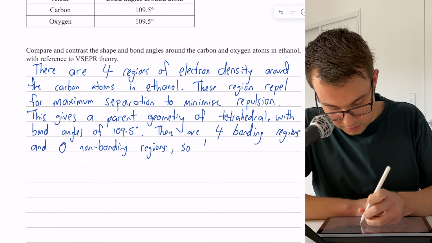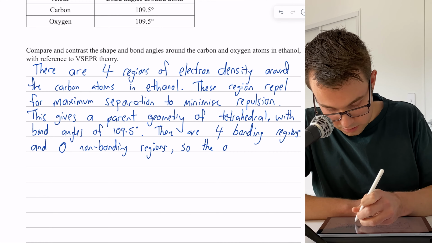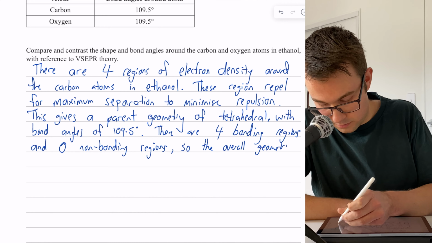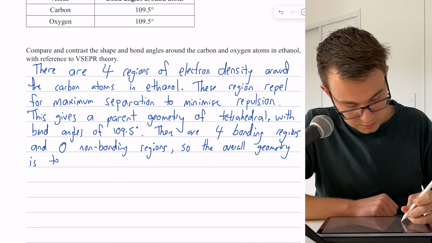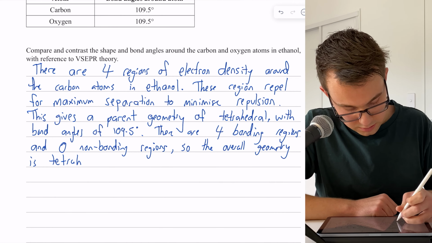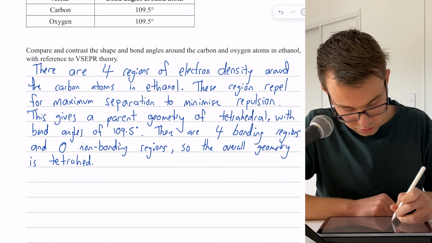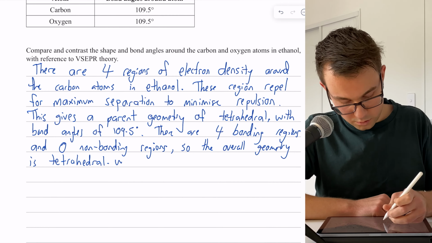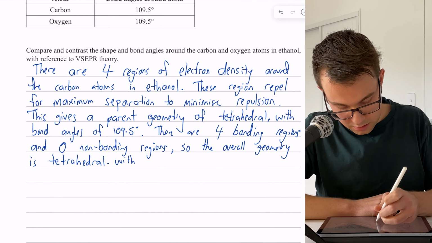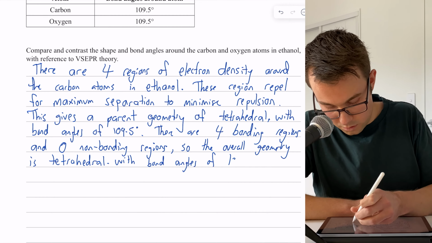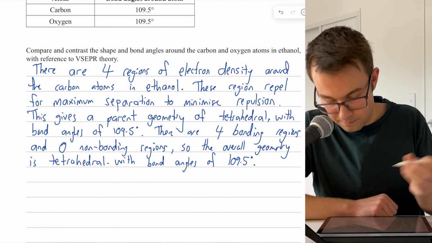So the overall geometry is tetrahedral with bond angles of 109.5 degrees.